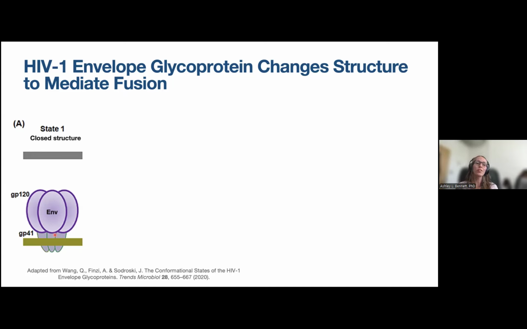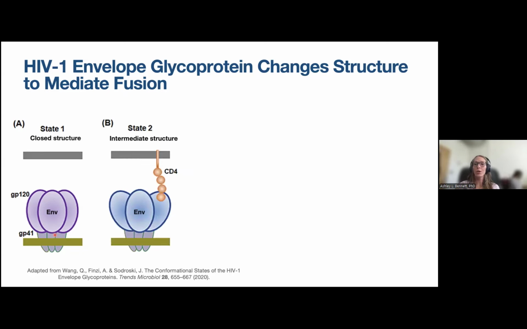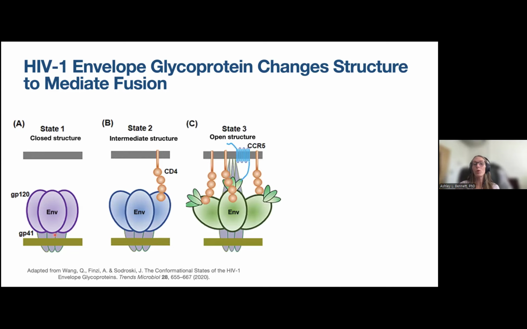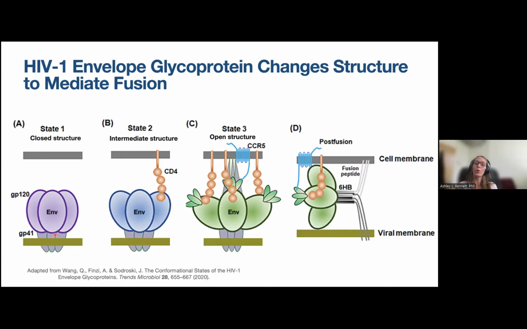Initially, the envelope starts off in a closed structure that we refer to as state 1. Upon binding the host cell receptor CD4, the envelope moves into an intermediate state 2, and eventually into its fully open structure, the state 3 structure. Ultimately, the envelope moves into the post-fusion structure, and this is where fusion is mediated.